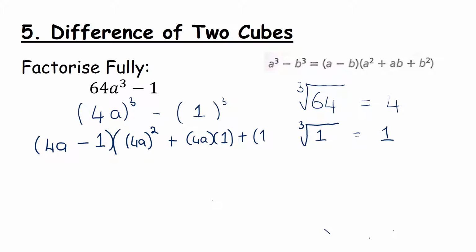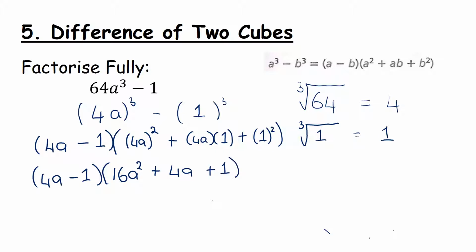And then we have 1 squared. So we need to do a bit of a cleanup. You wouldn't get full marks for leaving it like this. So our first bracket is fine. Our second bracket, 4 squared is 16. So we'll have 16a squared plus 4a by 1 is just 4a. And 1 squared is just 1.